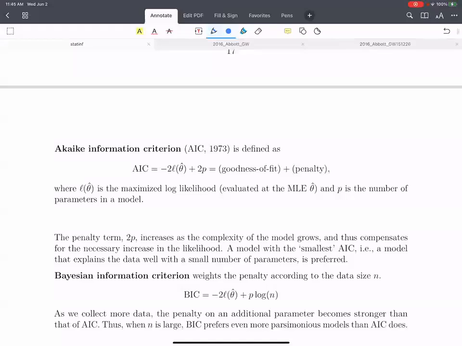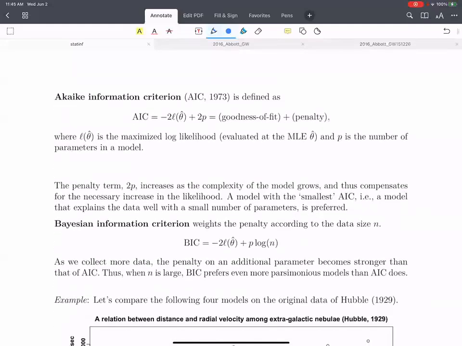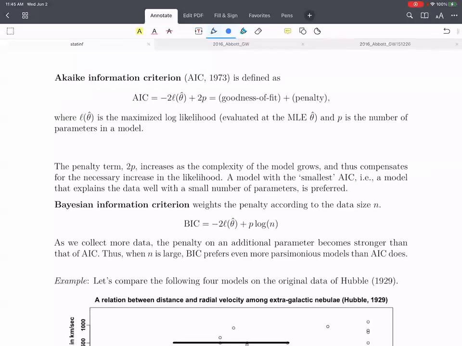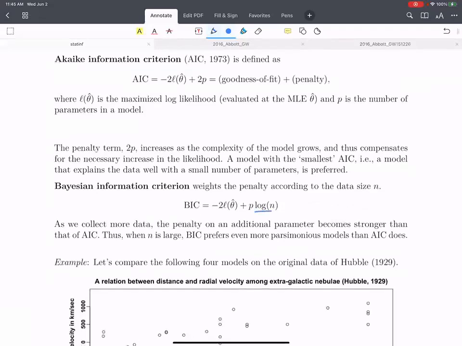So what I want to emphasize, and BIC, let me go through quickly in 2 minutes, sorry about that. BIC is the same as the AIC, except that it has a stronger penalty for the model complexity.